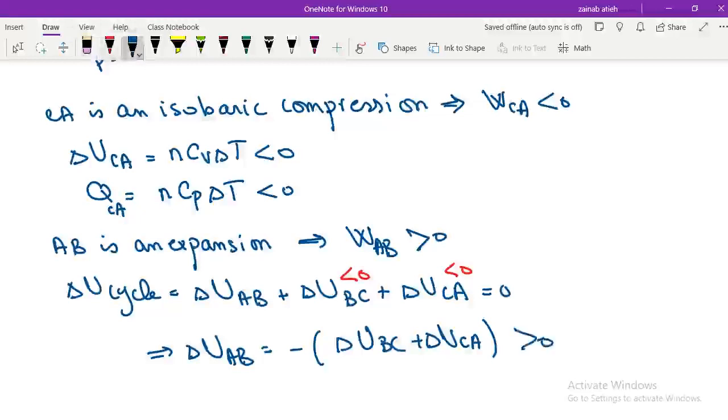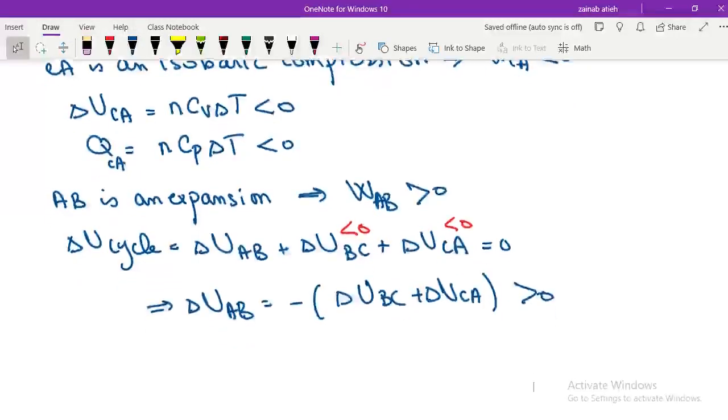Now there remains the Q_AB. I have to find it. So let's use the first law of thermodynamics. I will get delta U_AB equals Q minus W_AB.